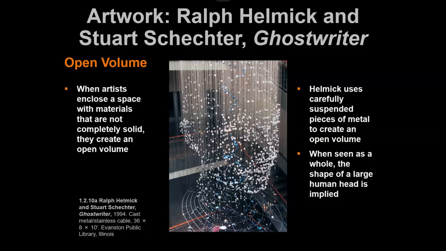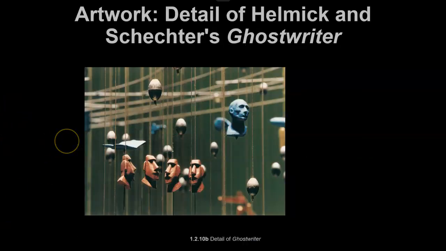As you look at this piece from far away, you can see the suspended metal pieces, and you can see the idea of the shape of a large human head that is implied. But when you look closer, you'll notice that all these metal pieces and objects are just small objects hanging there.